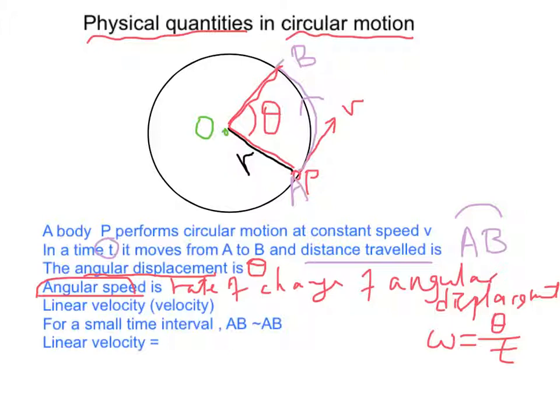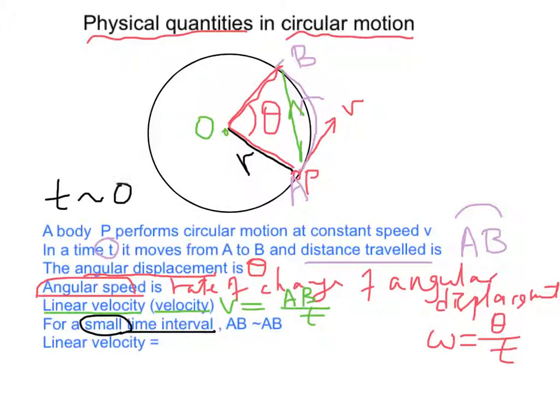The magnitude of the linear velocity of the body during the time interval t will be v equal to AB over t, where AB is the line joining A and B. If the time interval is very small, that means if t tends to 0, then the length AB would be almost equal to the arc length of AB.